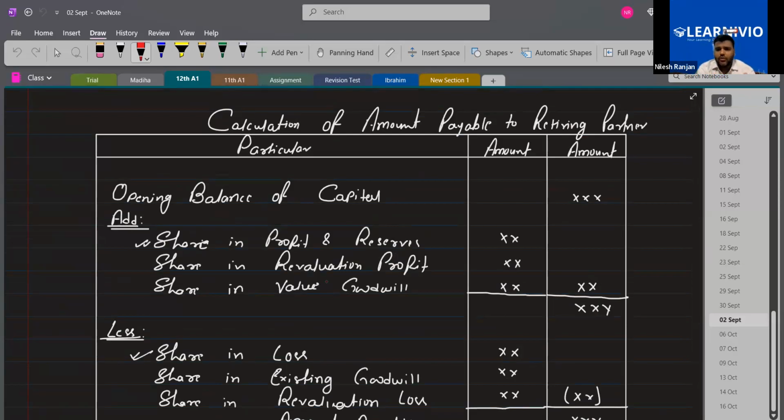Like in capital account, credit side, all these items will go on the credit side of capital account. And all these items will go on the debit side of capital account. So this is how we prepare capital account.